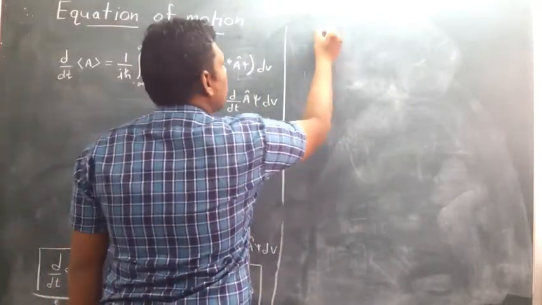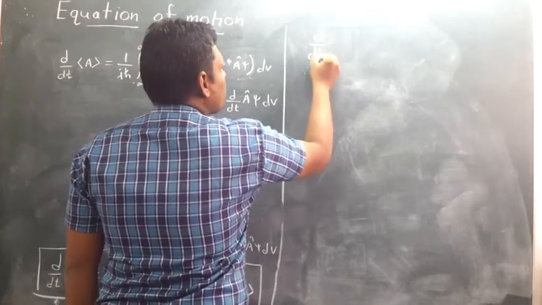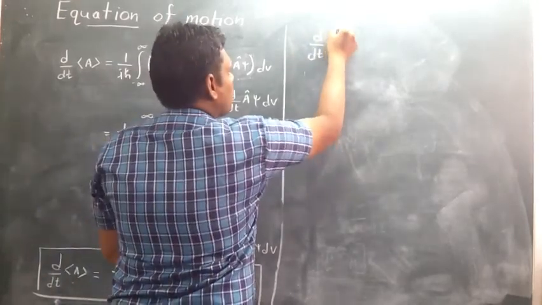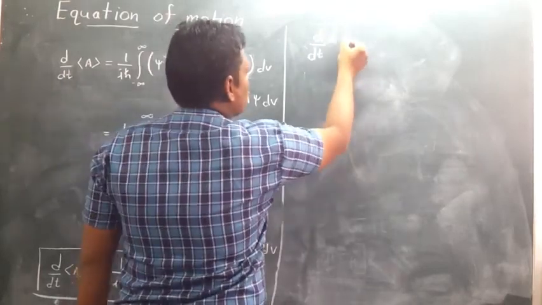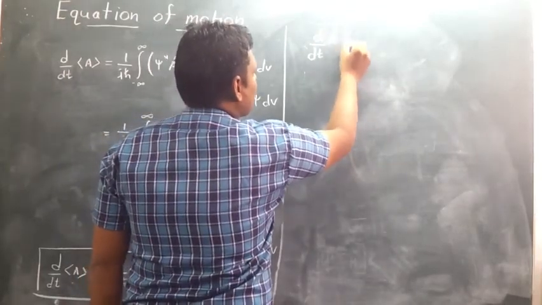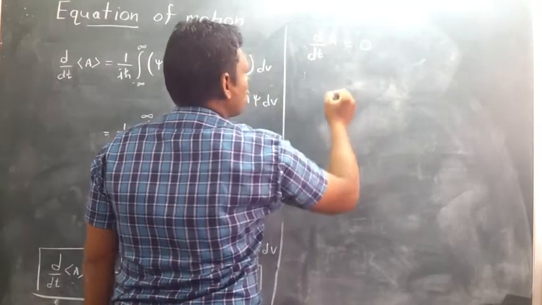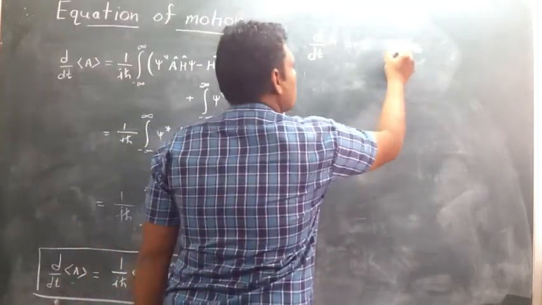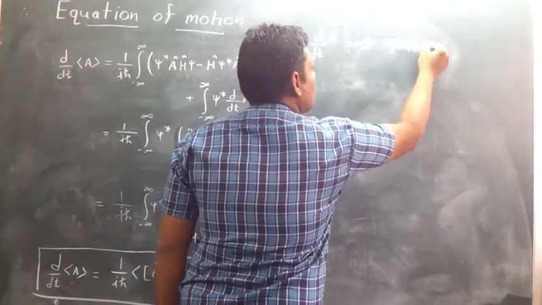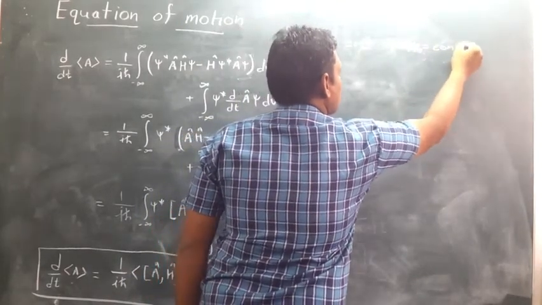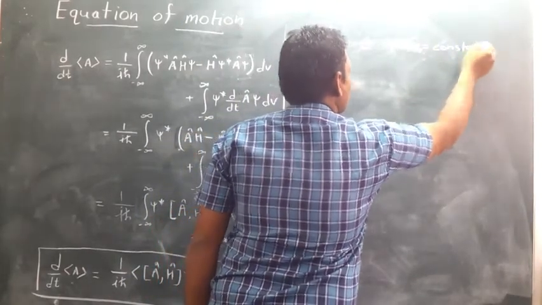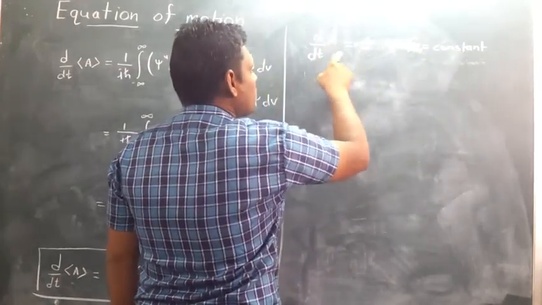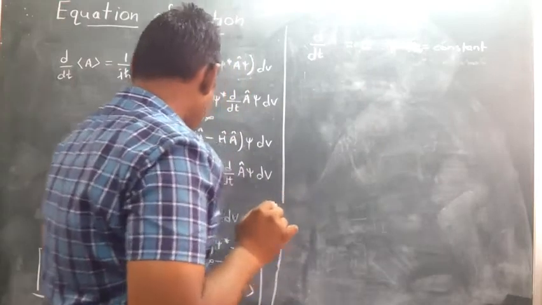So if A does not change with time, it becomes 0, where A is constant. If A cap is constant, then the derivative of this term is 0.